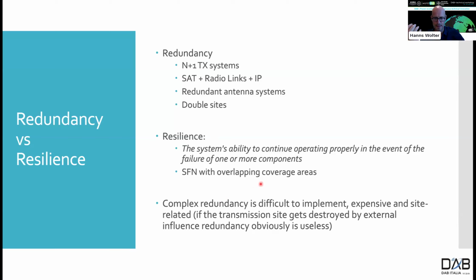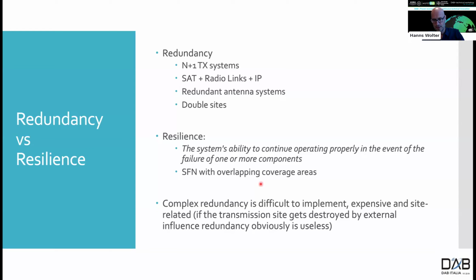When you look at redundancy, it's very difficult to implement. For us, for example, as a commercial operator, we have a limited budget. We cannot afford a double satellite distribution or a double IP distribution. We cannot build radio links through all of Italy.